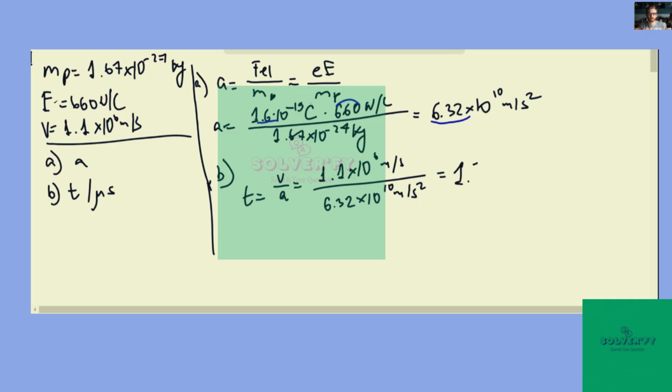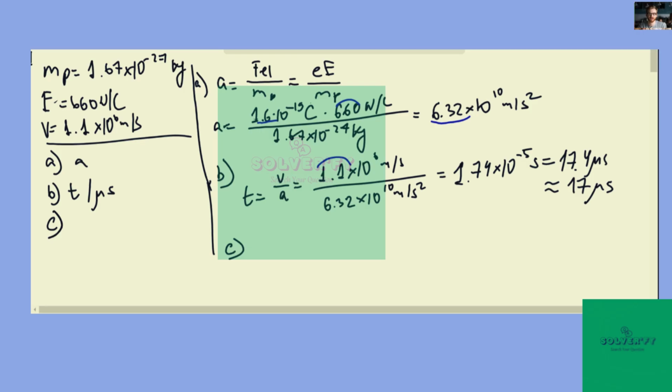It equals 1.74 times 10 to the power of negative 5 seconds, which is 17.4 microseconds. If we round it to two significant digits as required by the velocity, it roughly equals 17 microseconds.